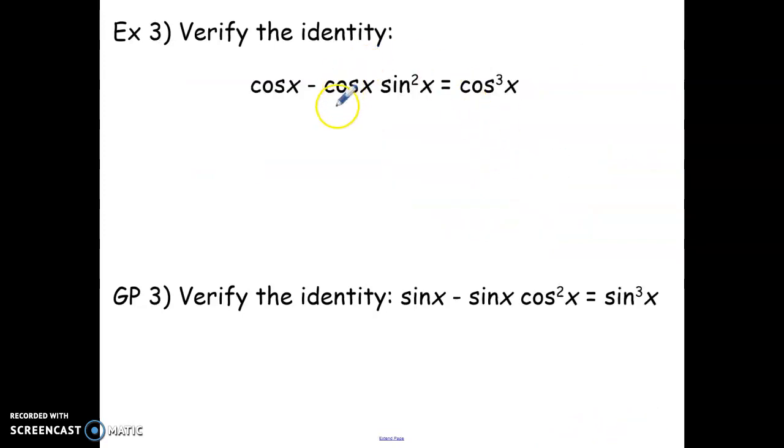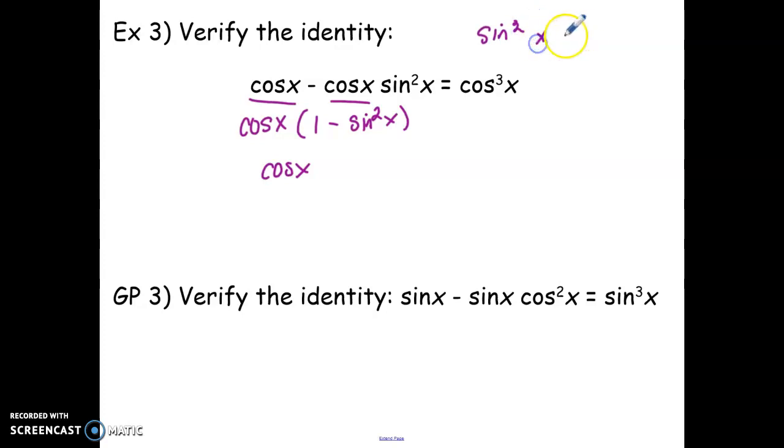Okay, example 3, verify the identity. Cosine minus cosine sine squared equals cosine to the third. I notice that I have two things in common here. So I really have two terms and they both have a cosine. So I'm going to take out a cosine, which is the same thing as factoring out a GCF of like 2. So cosine divided by cosine is 1. If I take the cosine out of the second term, I'm left with just a sine squared. And then 1 minus sine squared is coming from this Pythagorean identity.